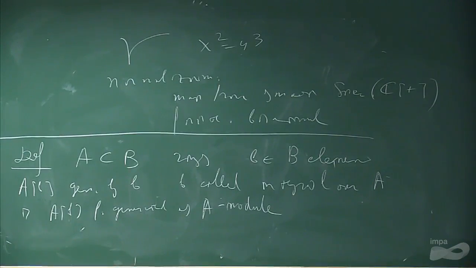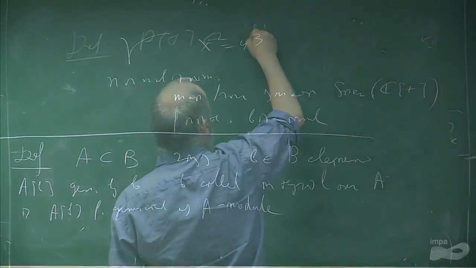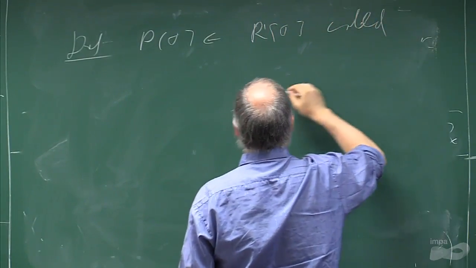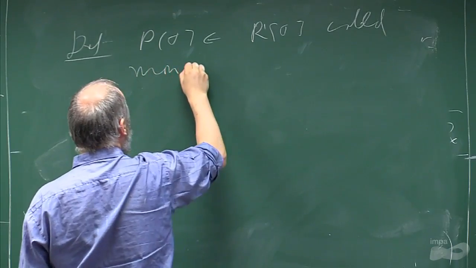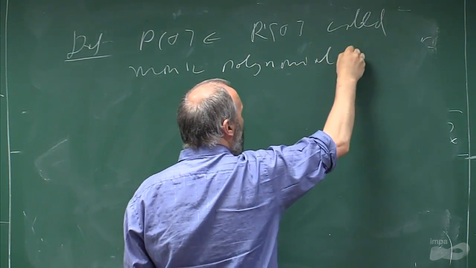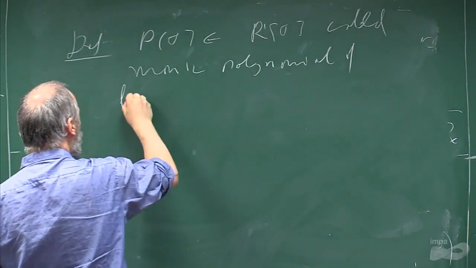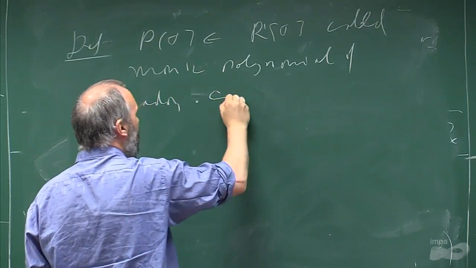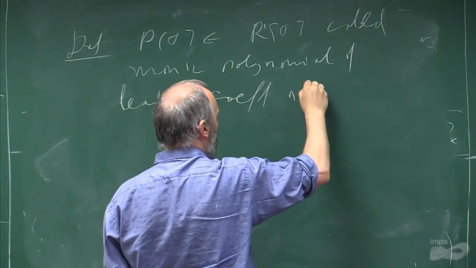Now, we also had this notion of monic polynomial. So definition: P(t) inside R[t] is called a monic polynomial if the leading coefficient is 1.